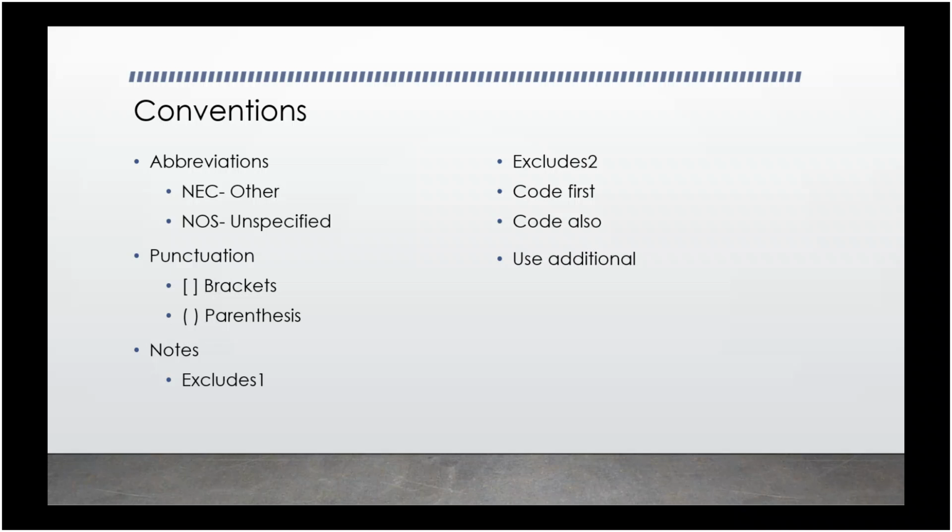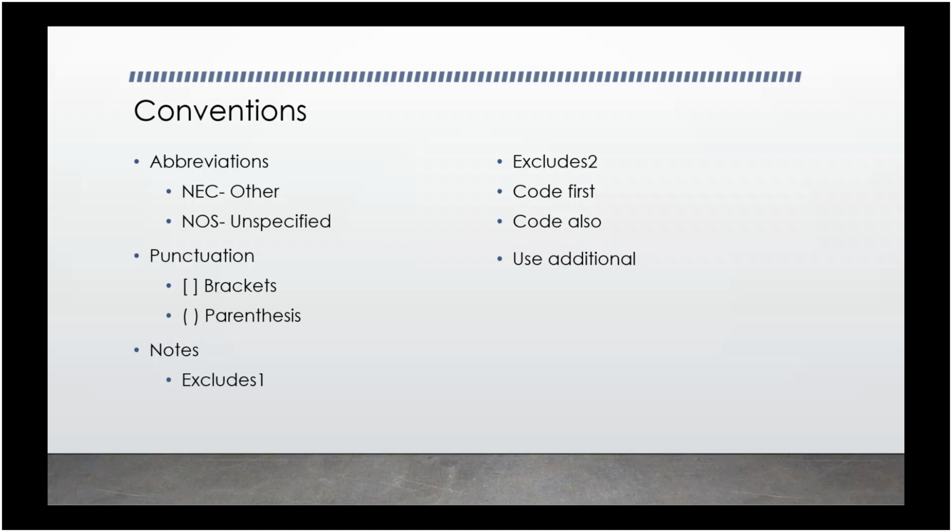An example: I86 excludes 1 under I86 is varicose veins of unspecified site, I83.9. It's an incomplete code, but it's telling us that we should code the I86 because we do not need to pick up the additional varicose vein code.